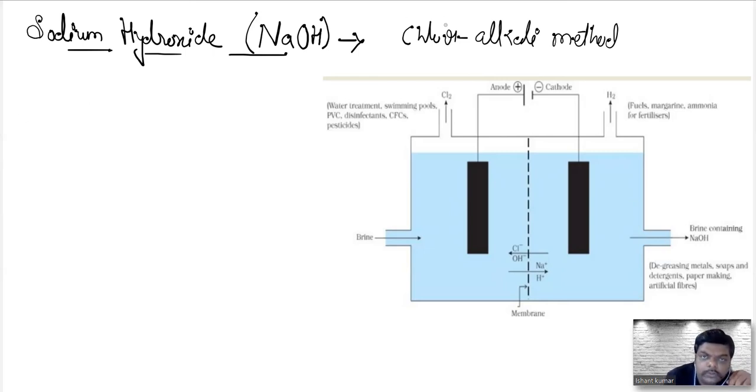In this process, we are taking NaCl's aqueous solution and carrying out its electrolysis. This aqueous solution of NaCl is called brine.